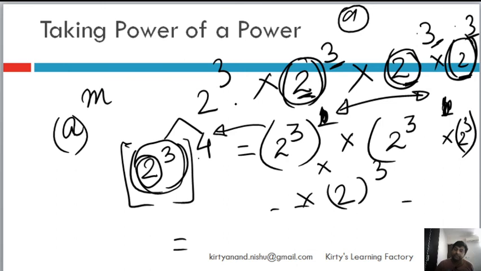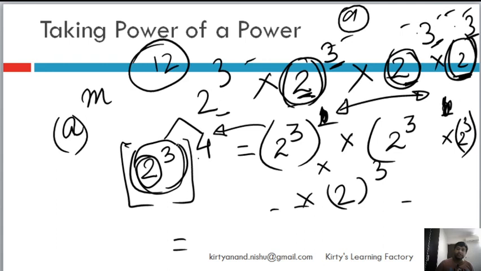So same base, and here the power is the same, because it is a power of a power. Therefore the addition, 3 plus 3 plus 3 plus 3 equal to 12, we are doing as a shortcut by multiplying. So it becomes 2 raised to the power 12.